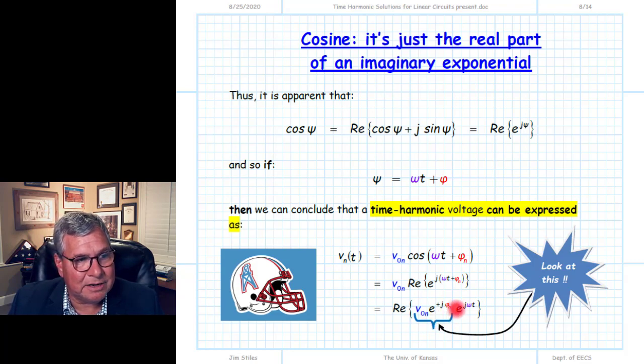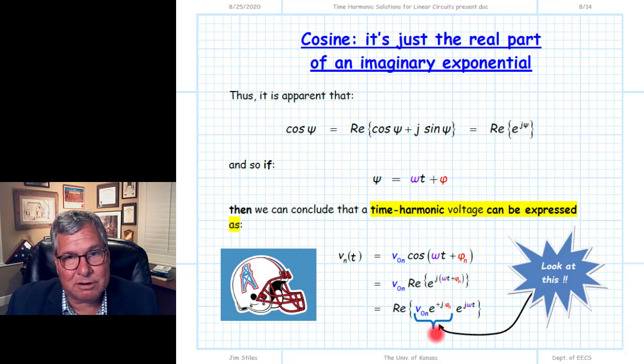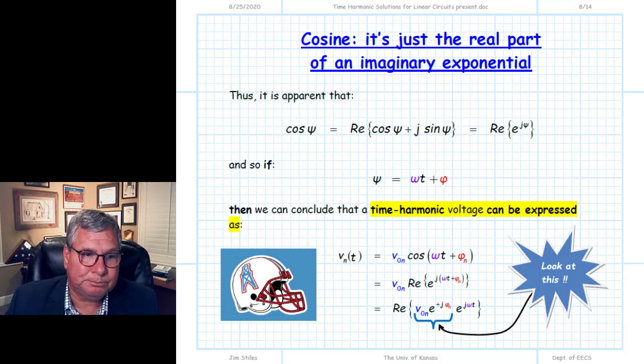If I multiply these two complex numbers together, I get a complex number. And I've mapped the two parameters that are unknown, or variable, for each element in the circuit, the magnitude at each location and the relative phase at each location, into one complex number. That one complex number really tells us everything we need to know about the voltage at that location, or if we're talking about current, the current at that location.